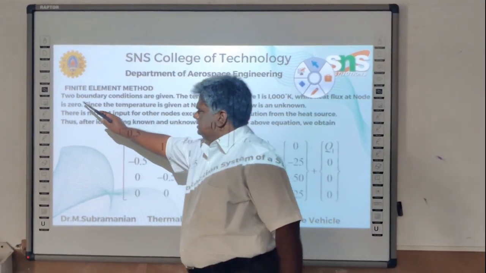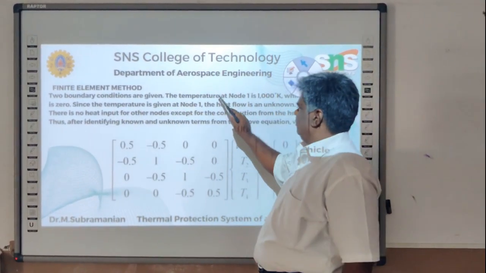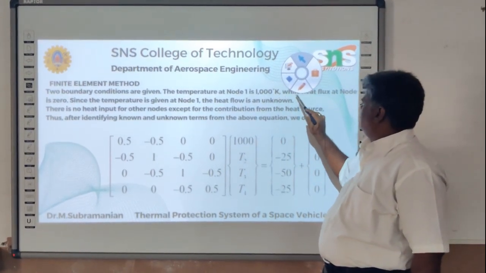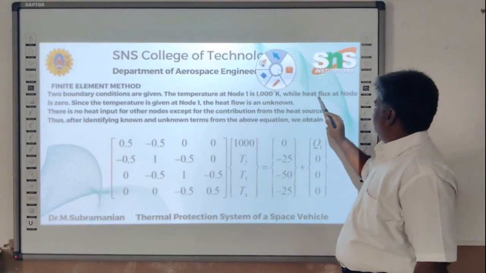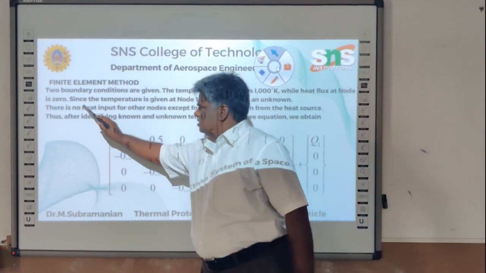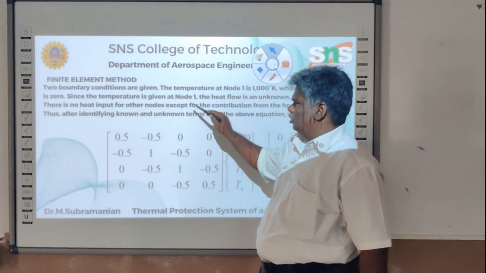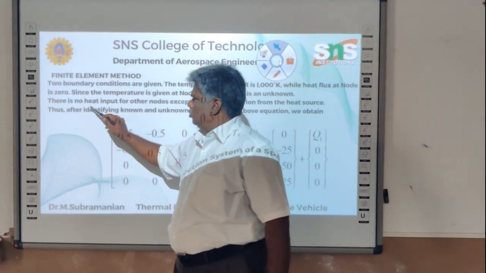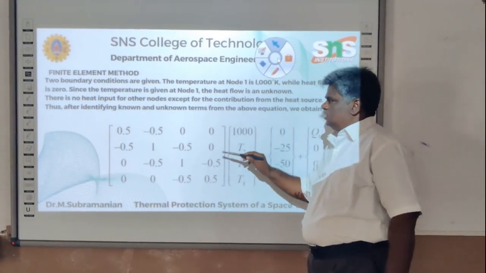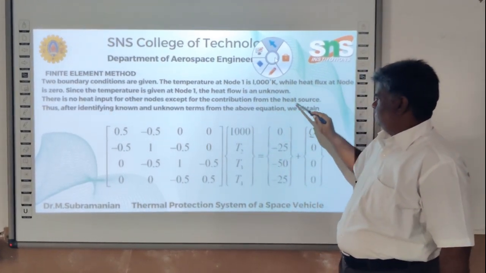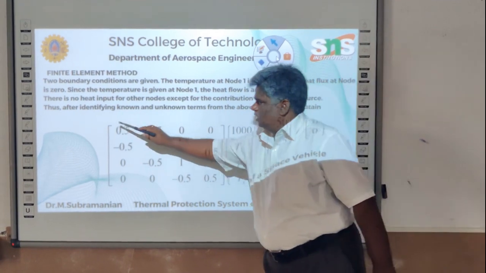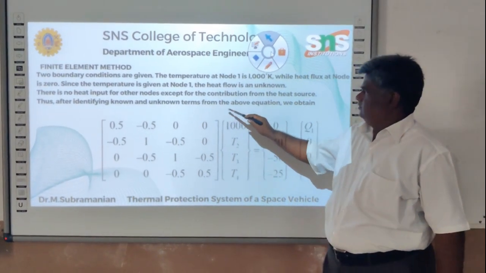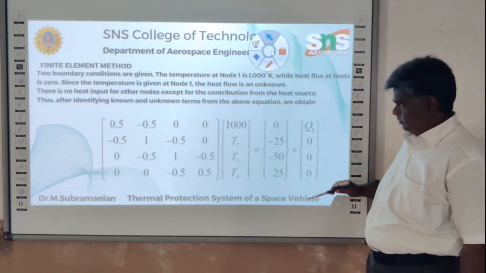Based on the given boundary conditions, the temperature at node 1 is 1000 degrees K, while the heat flux at node 4 is 0. Since the temperature is given at node 1, the heat flow is an unknown value. There is no heat input for other nodes except for the contribution from the heat source. Then after identifying the unknown terms from the above equation, we can obtain this.